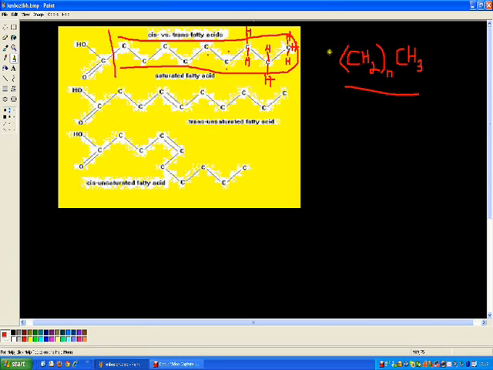Then there's going to be a COOH over here. Now this is for saturated fatty acids, which can be written like FA, fatty acids.